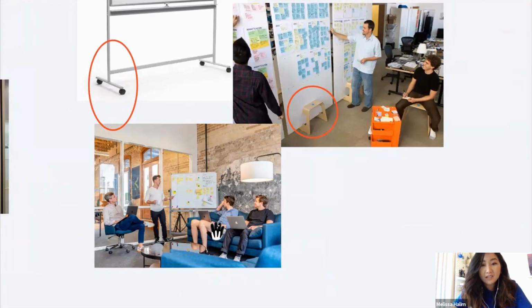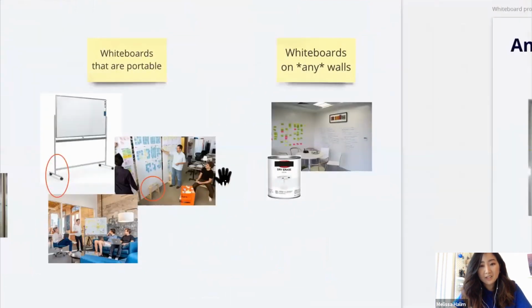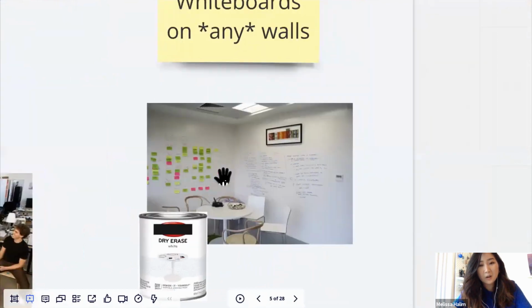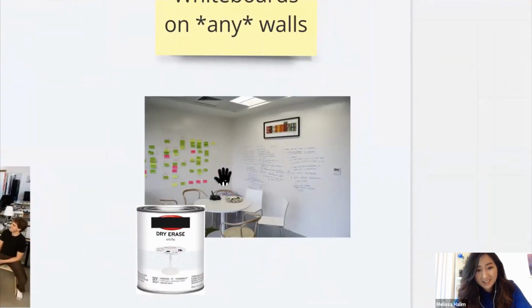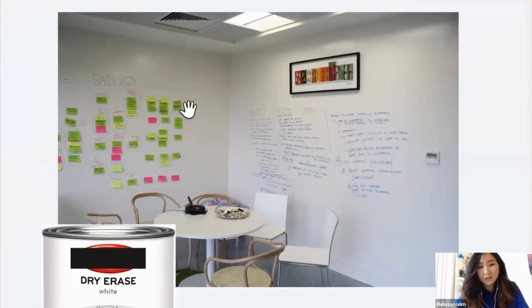We realized we needed more space and more portability, so we figured, let's invent whiteboard paint and paint whole walls, taking up entire wall spaces within an office. I'm sure this is a familiar sight to a lot of you attending today, but you still run out of space, right?